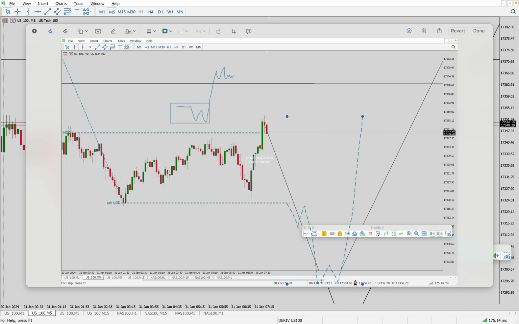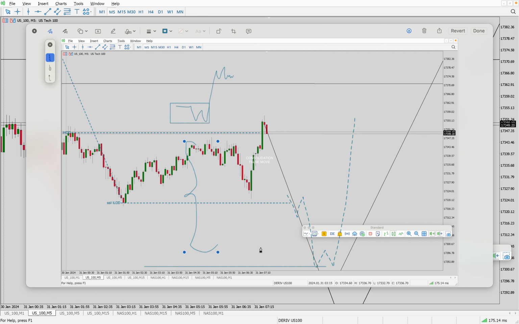Let me just put that on the charts so it makes more sense. So this entire thing in here will be just a consolidation. Moreover, we can just be offered with a consolidation range down here at the low before price goes up into market maker's fair valuation and then probably drop.